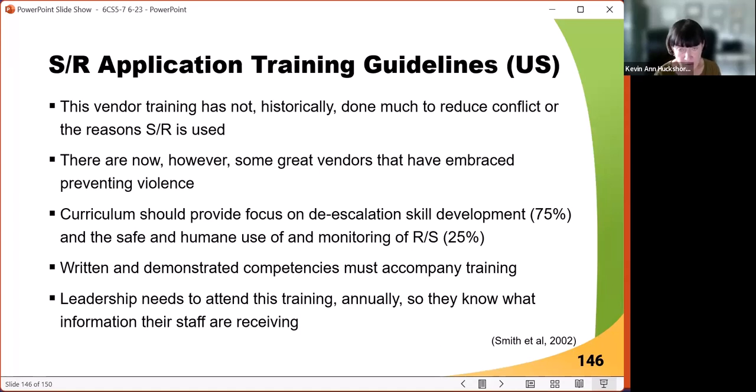Now, 20 or 25 years after the Hartford Courant series, there are some great vendor trainings that have completely embraced trauma-informed care and preventing violence. But you need to check that. The reason I say that is many of these vendor training models use the train-the-trainer approach.